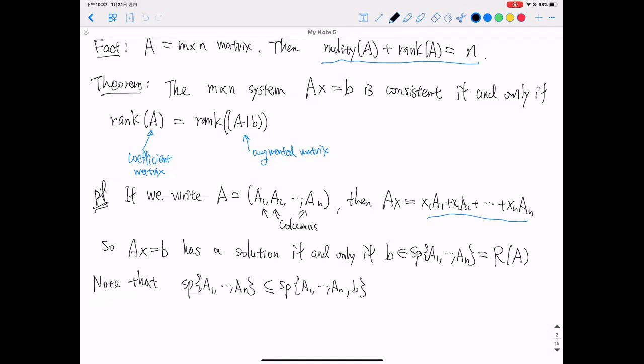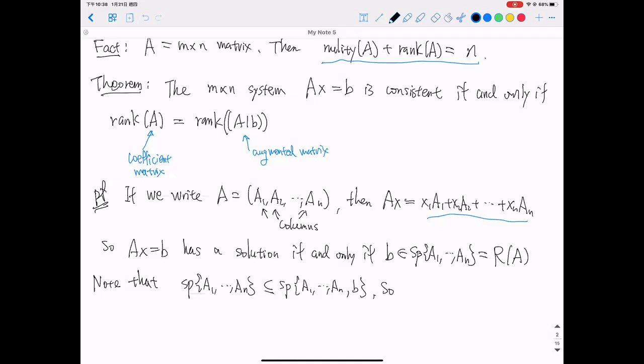Because the span of A1 through AN just consists of linear combinations of A1 through AN, each of which is a linear combination of A1 through AN and B. Simply put the coefficient associated to B to be 0. Okay, so you can do that.